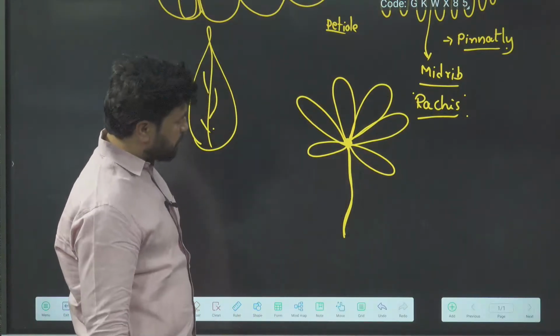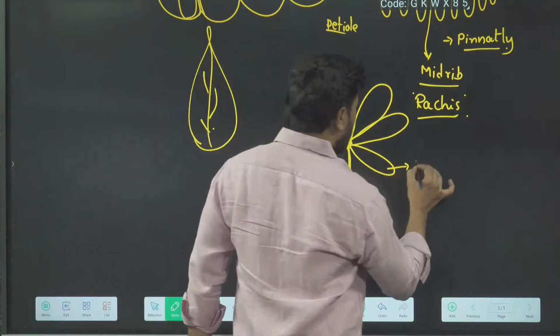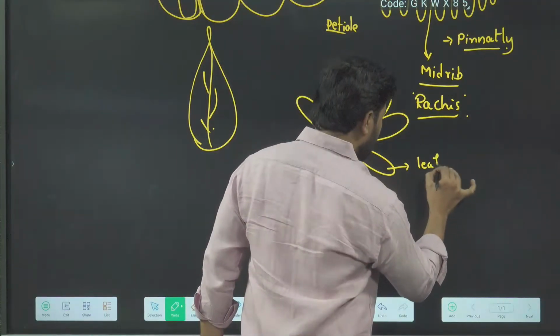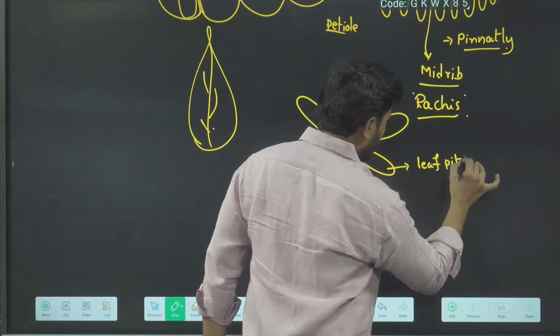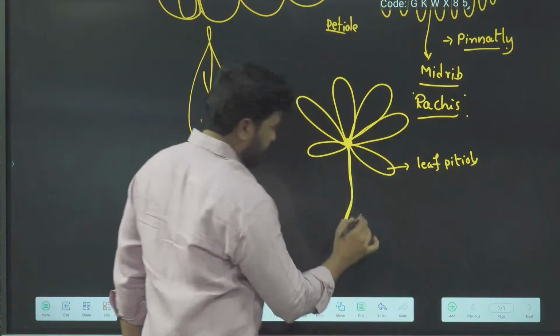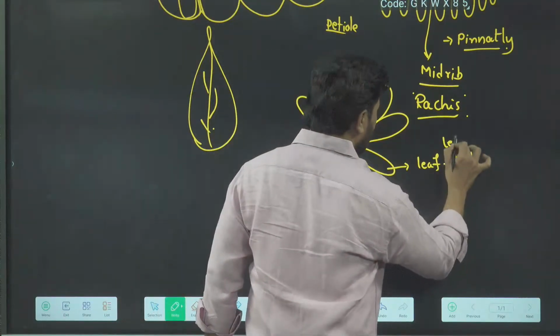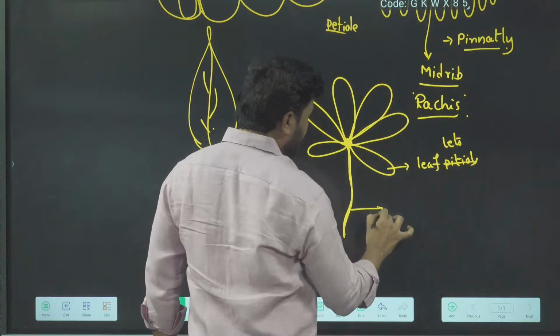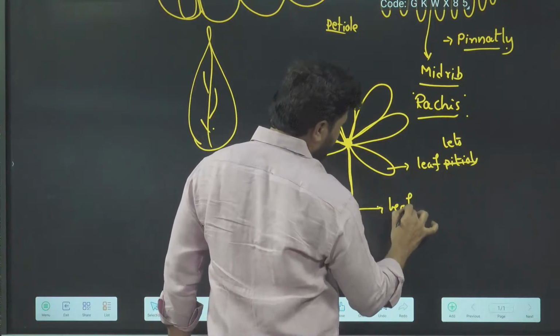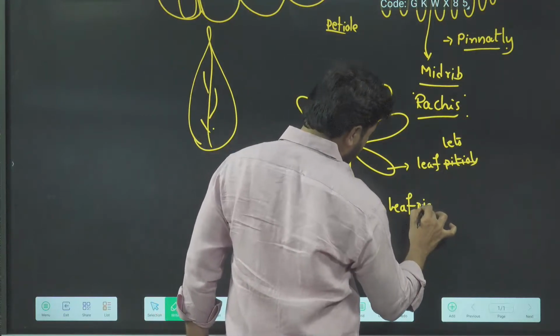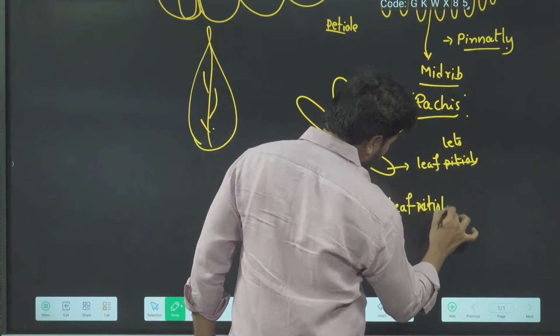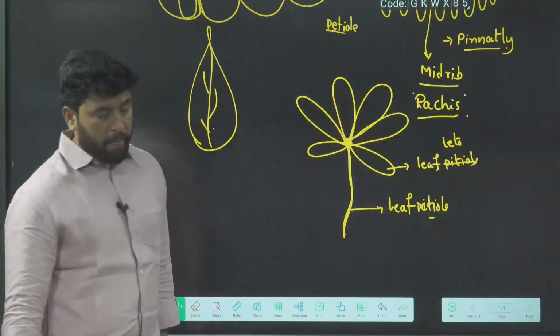These are all leaflets, and this part is called the petiole.